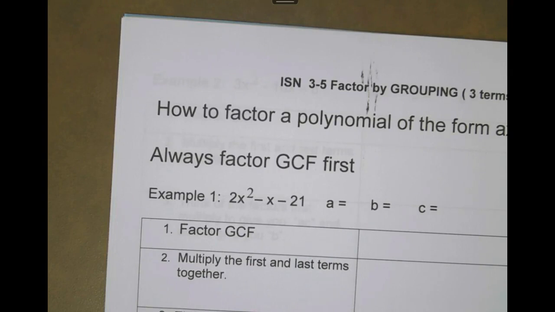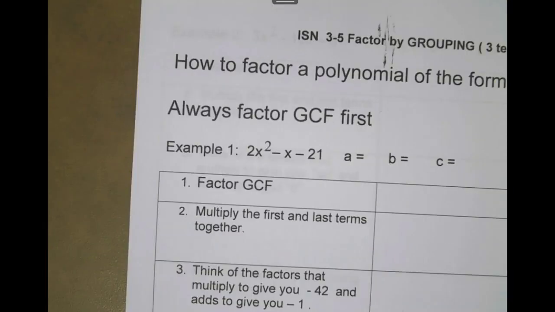This is a trinomial. Were the ones that we did yesterday trinomials? The ones we did yesterday had 4 terms. This one has 3 terms. So, what are we going to do?